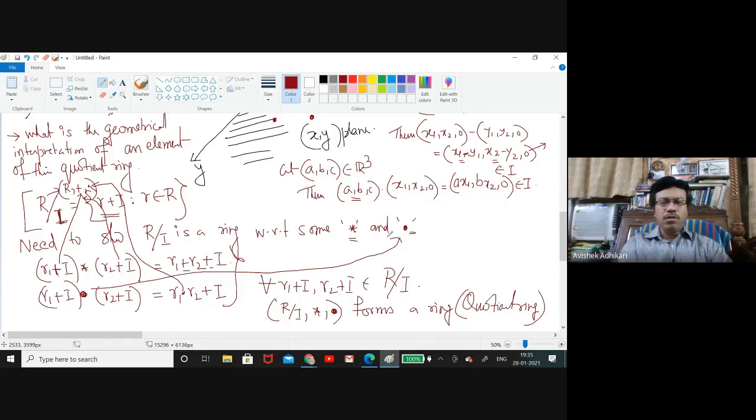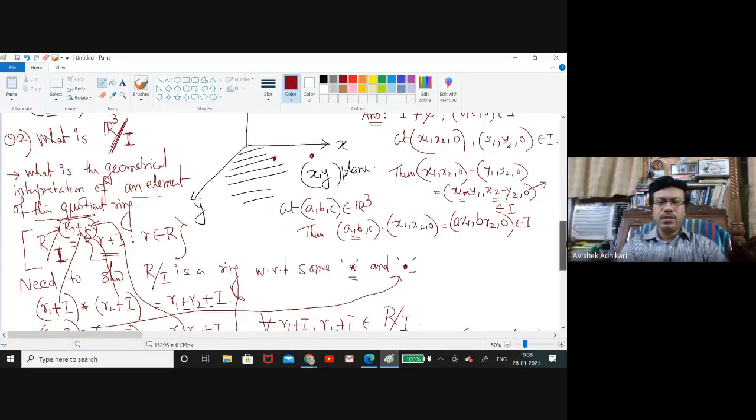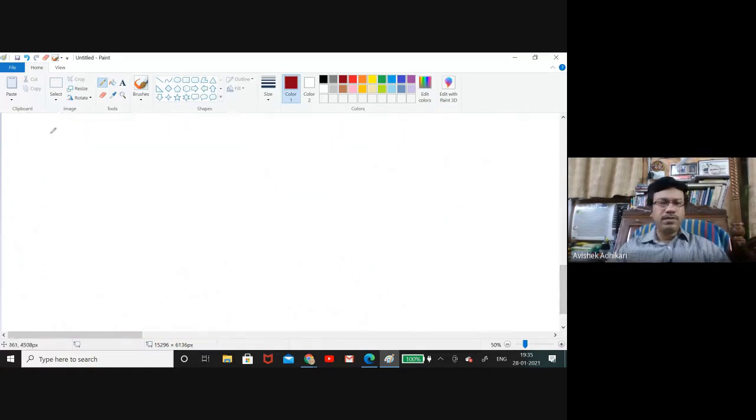Okay. Now come to my question. What is the geometrical interpretation of an element of the quotient ring? Now I request some of you to please try to explain how it looks. So is the question clear? I'll write it more clearly. Maybe I have R3, I have the XY plane. This is quotiented. We have already shown that this is an ideal, so you can have this quotient.